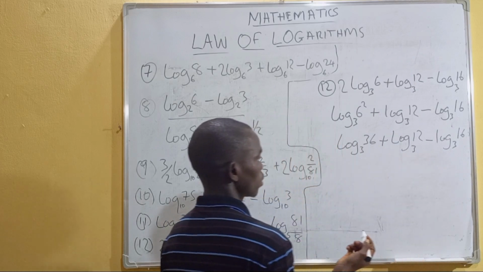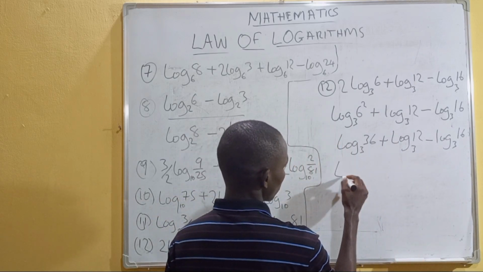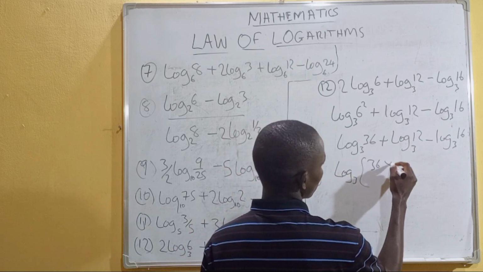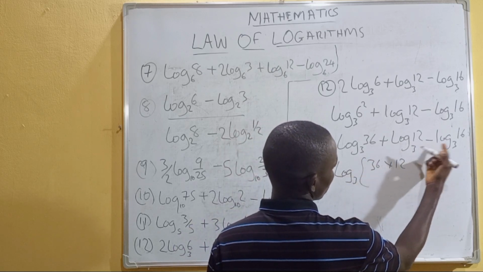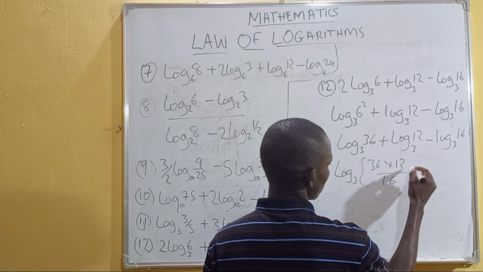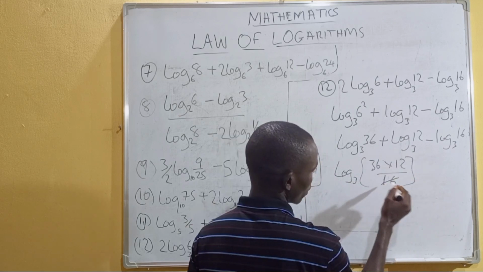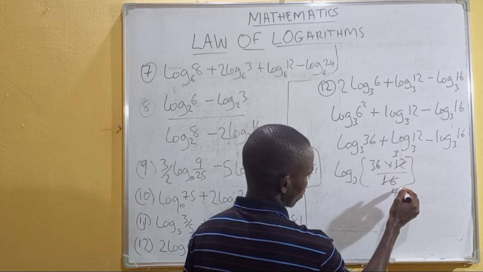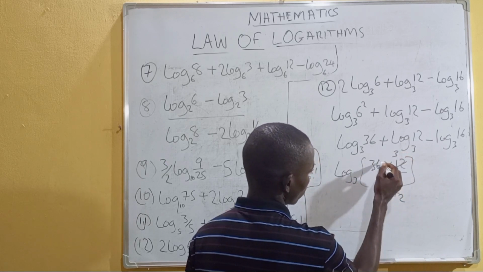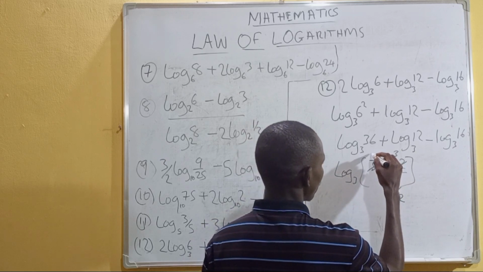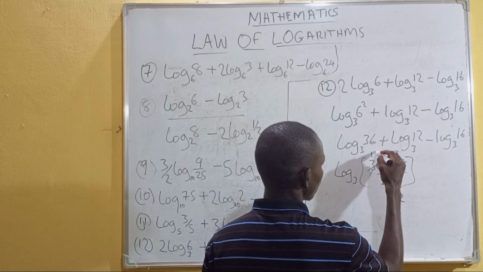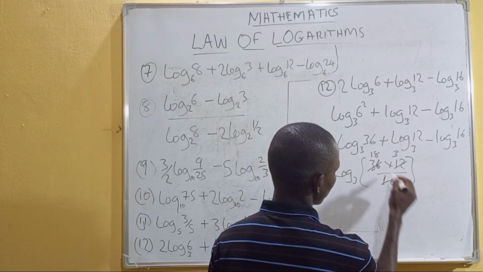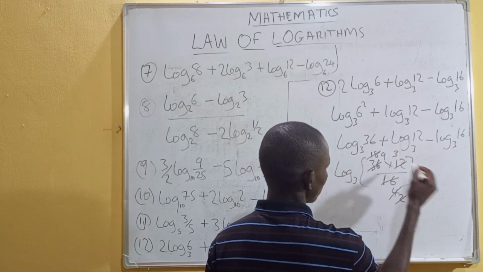Here we can now use the law, which is log base 3 now have 36 times 12 divided by 16. 4 here we have 4. 4 here we have 3. 2 here we have 2. 2 divide this, we have 18. 2 here we have 1. 2 here we have 9.